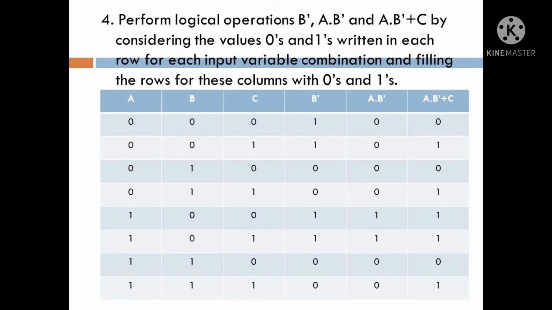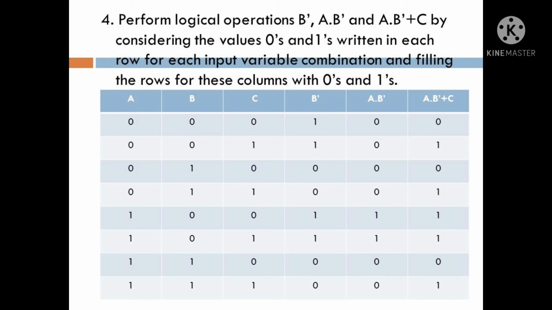Then b complement means its opposite. If b is 0, then 1. Now we can consider the b column. If b is 0, then b complement is 1. Then b is 0, again 1. If 1, it is 0. If 1, it is 0. So 1, 1, 0, 0. I think you understand that.